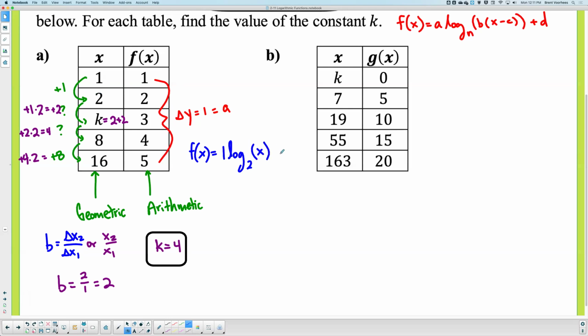You don't know about the d, but there will be a d value in this one. That's just some extra information, but that would actually be your equation this time. This d value you don't know yet, so you could just leave it as a d. But on this particular problem, d would be 1. I'm not solving for that here. Those would be the a and the b, though.